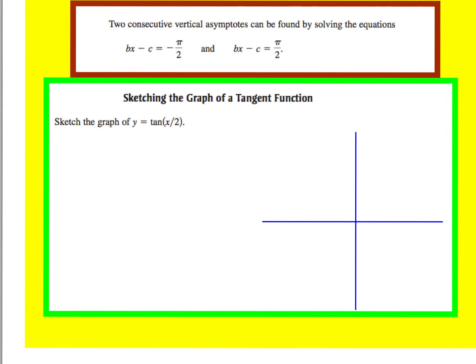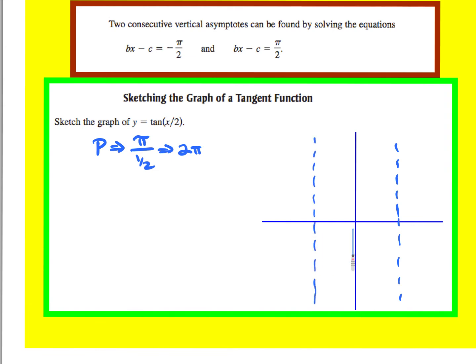Let's figure out its period. So on its period, what's the normal period of tangent again? Pi. And then I'm going to divide it by its coefficient. What's its coefficient? 1/2. So what's its period now? 2 pi. All right. So what is my first vertical asymptote?